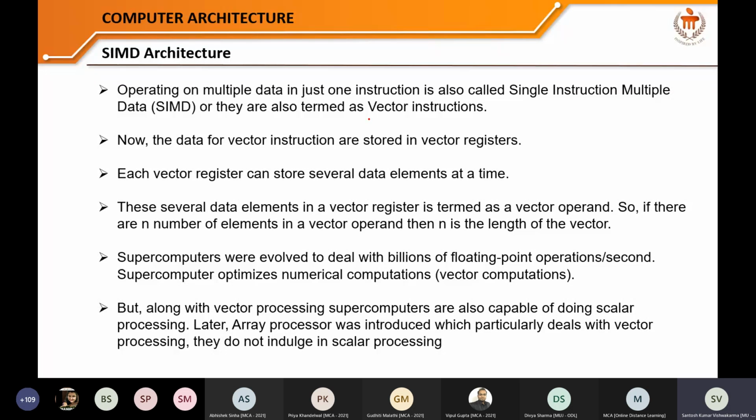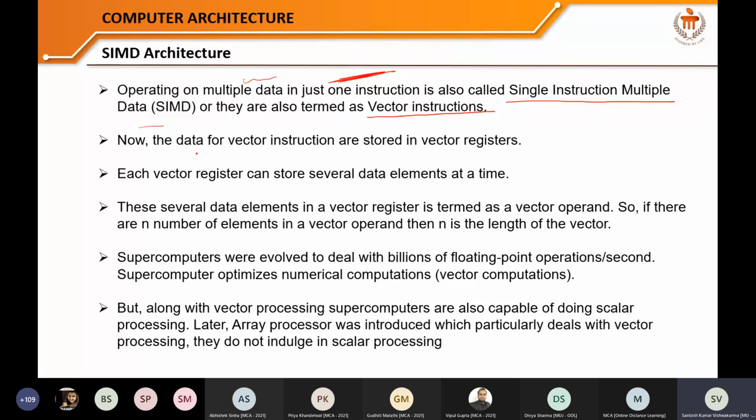And what's the reason? Because it's a single instruction and multiple data. Operating on multiple data in just one instruction is very important, and this justifies the definition itself. The structure is going to operate on multiple data, and the instruction is going to be the same. That's why the name given is single instruction, multiple data.